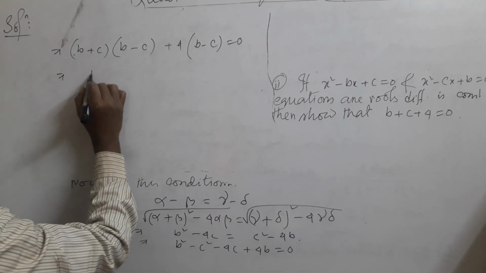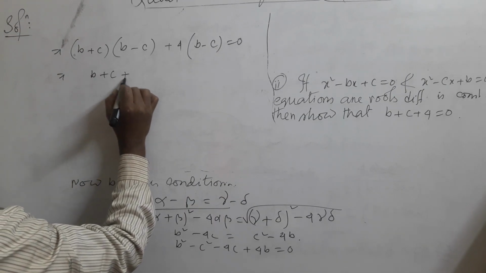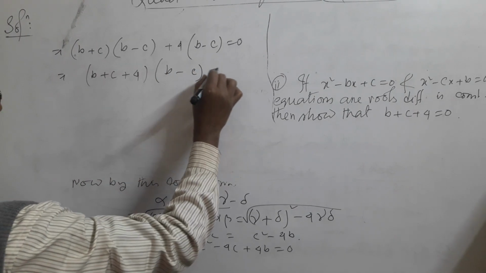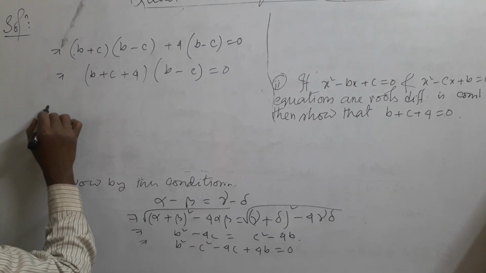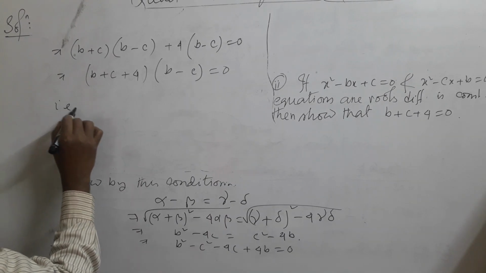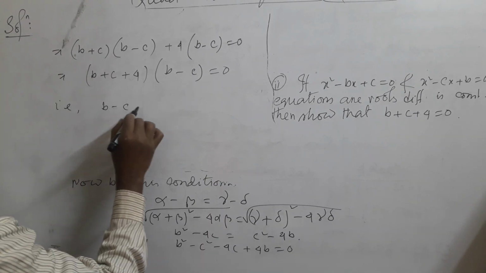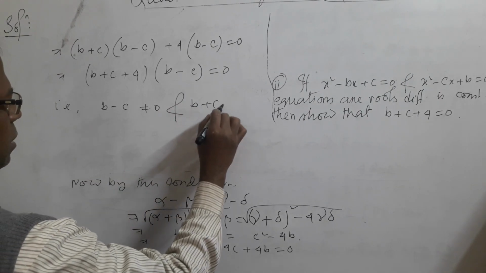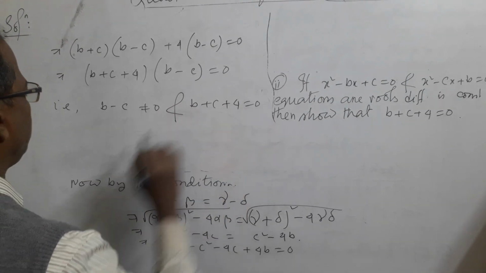That implies b plus c plus 4 into b minus c equal 0. Since b minus c is not 0, b plus c plus 4 equal to 0.